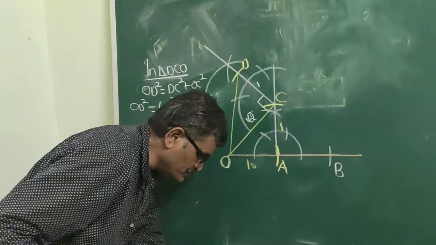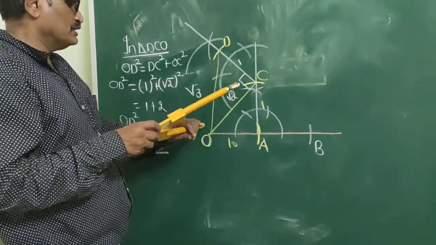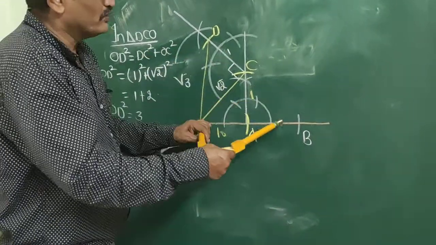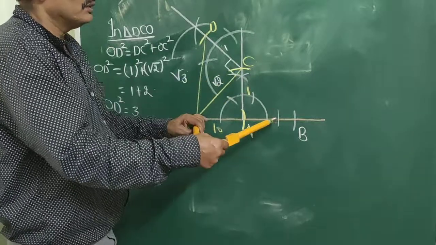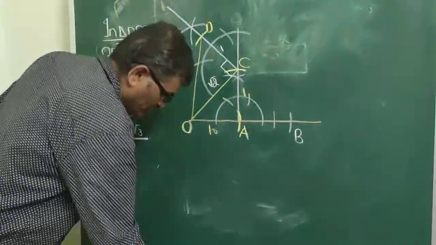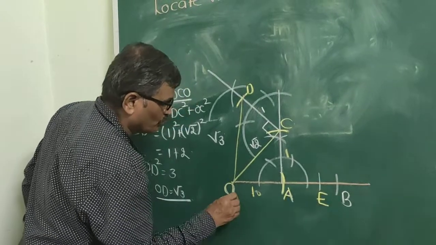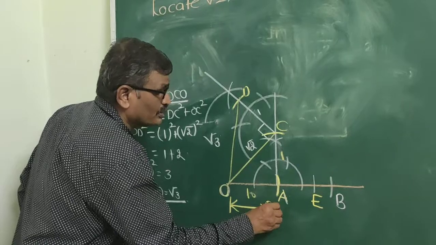Now what I will do is, with O as center and D as radius, I will take this arc. This arc I will mark, and whatever I am marking here is root 3, this is also root 3. So from O to E is equal to root 3.